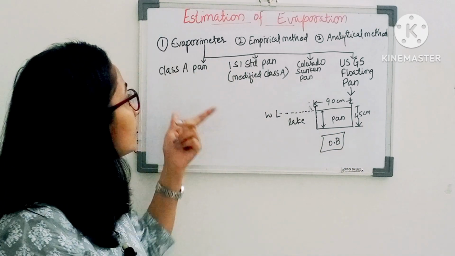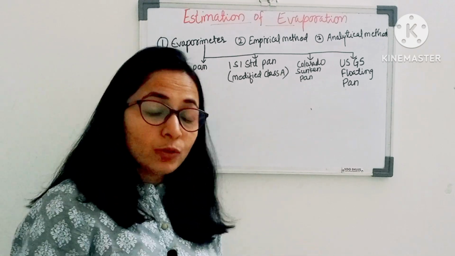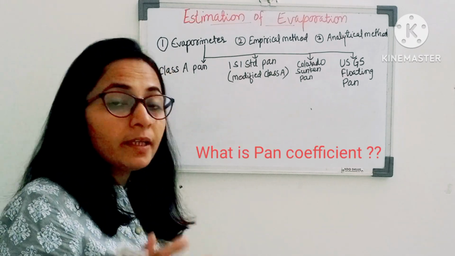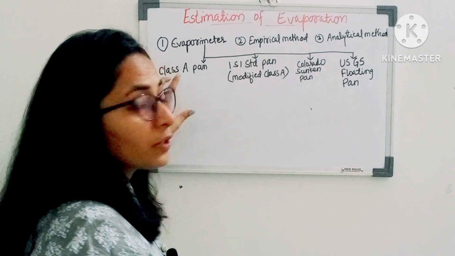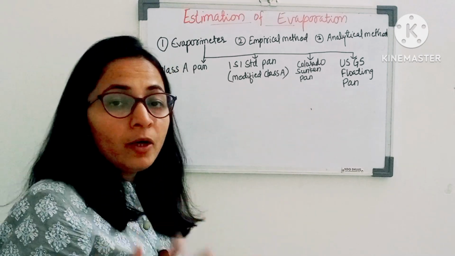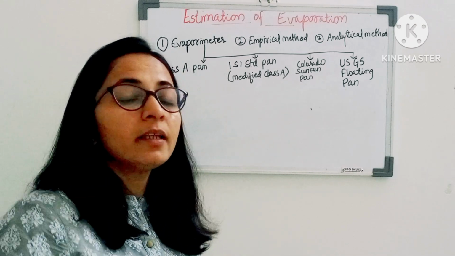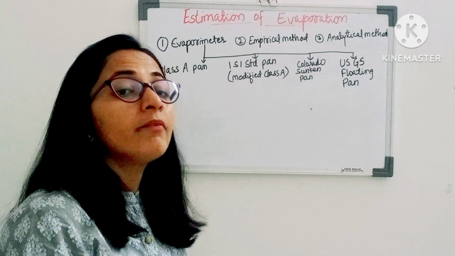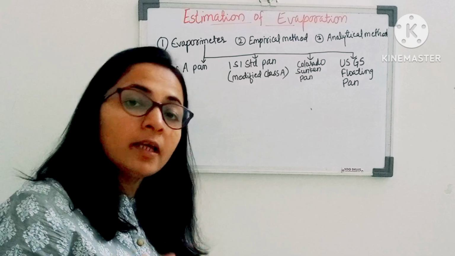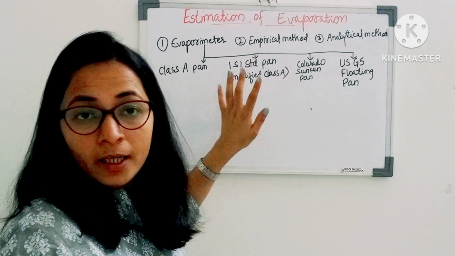So this is about the evaporimeter and types of evaporimeters. So what is the evaporation coefficient? Whenever we take readings of evaporation using any evaporimeter, since these pans are made of some metal, and our actual conditions like land or water bodies have different heat storage and heat transfer capacity, there are several factors which affect the evaporation which are not considered in the evaporimeters.